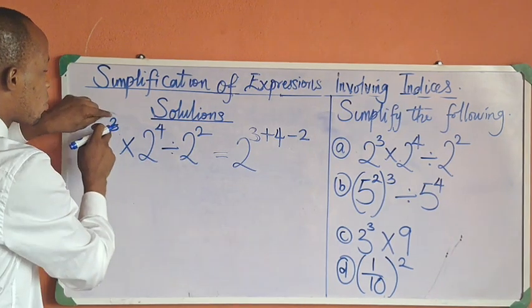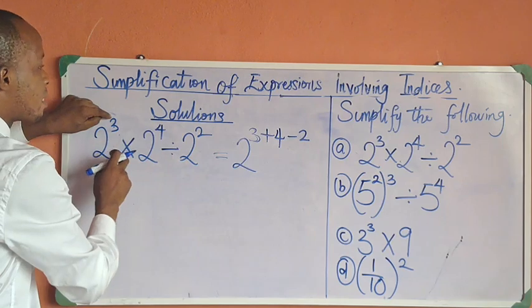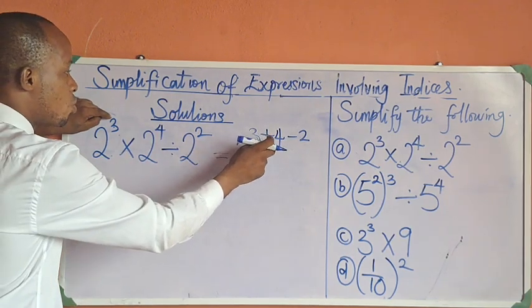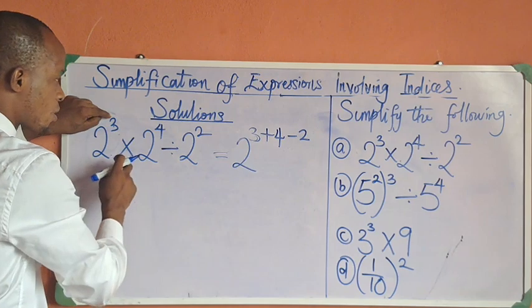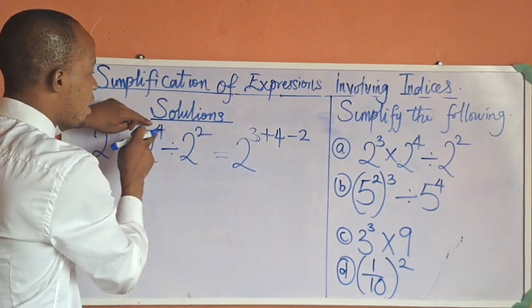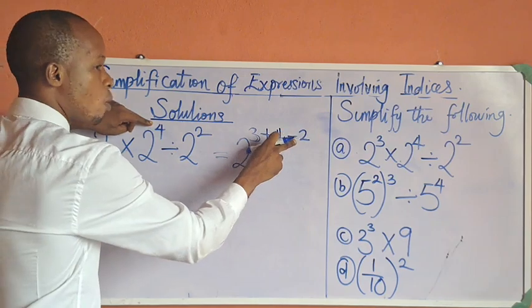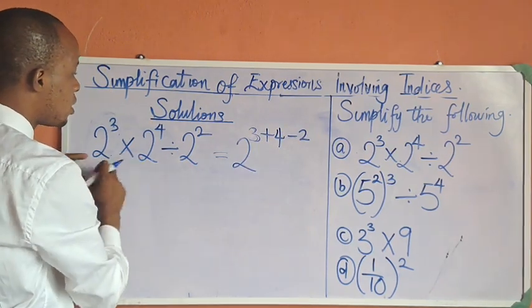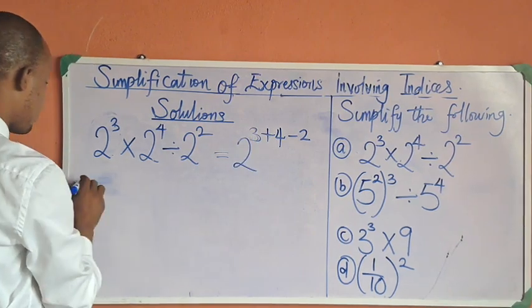And then instead of multiplying 3, the first power, by the second power, I simply had them added together based on the first law, the law of product. And then instead of dividing 4 by 2, I simply changed the division to subtraction. Why I picked just one of the bases. So from here, let's solve further.